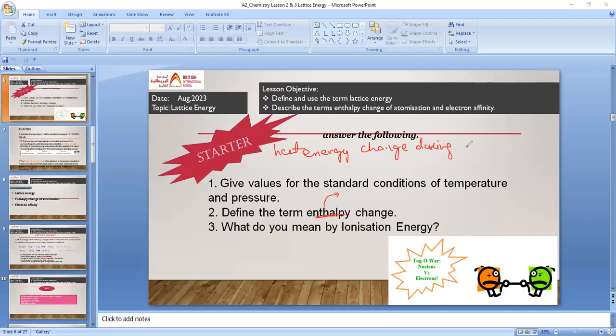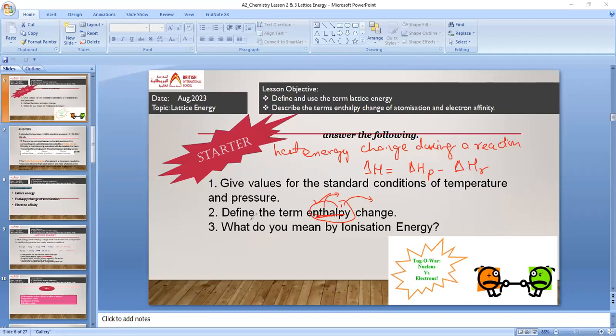It is represented as del H of products minus del H of reactants. So that's how you will explain this question. Because they didn't say enthalpy of atomization, it is not necessary to write gaseous and all these things. Basically, enthalpy change is a heat energy change during a reaction.